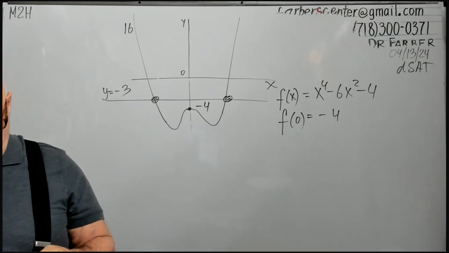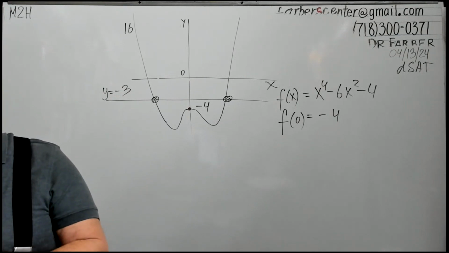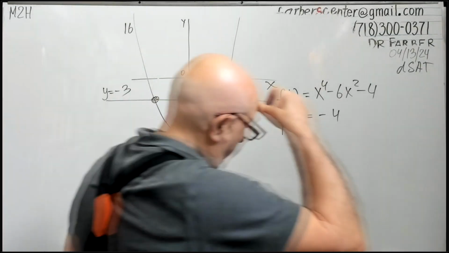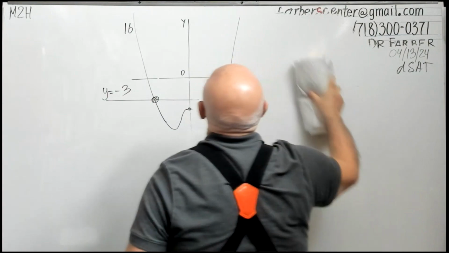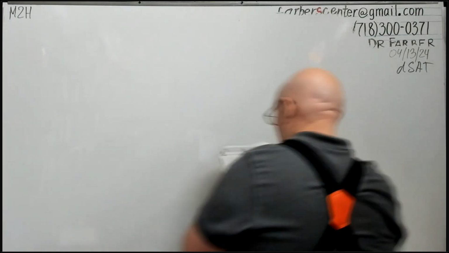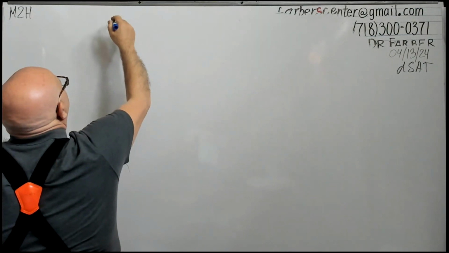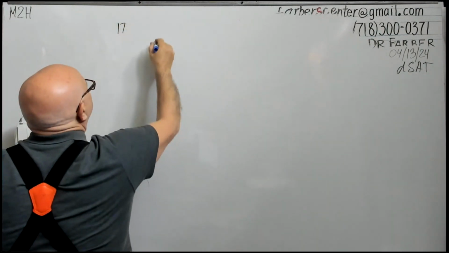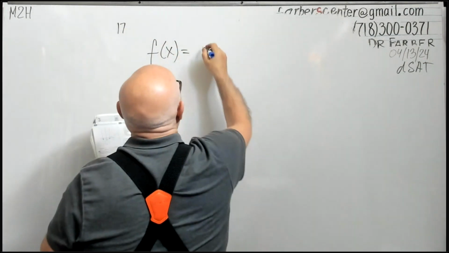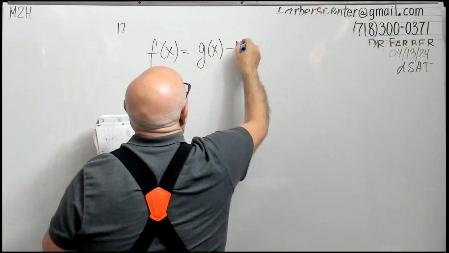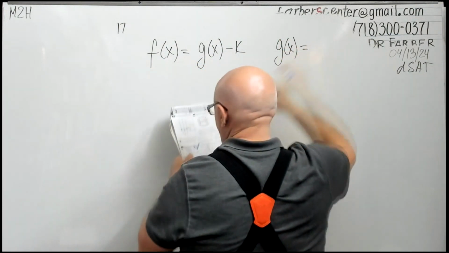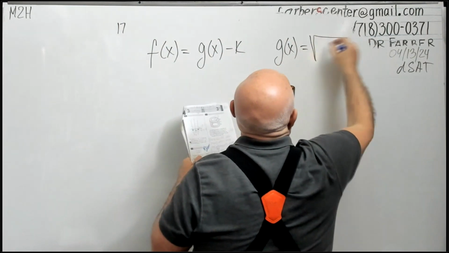Next, students. Number 17. In 17, we have f of x equals g of x minus k, and g of x equals the square root of 3x minus 2.